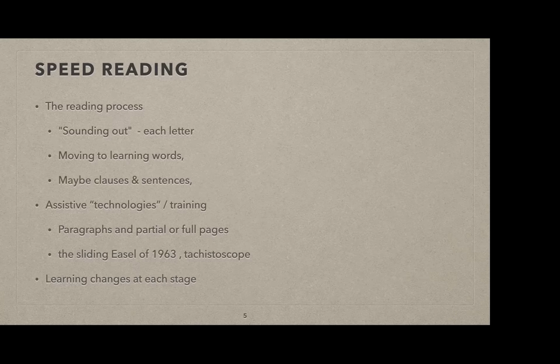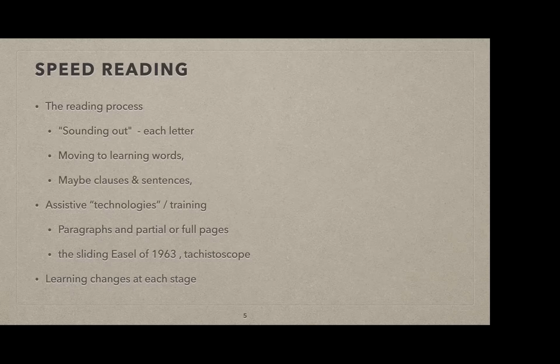It can be adjusted to flash a single letter on the screen, then do a word as a series of flashes on the screen, and then go on to clauses and go on to sentences and go on to paragraphs and go on to partial or full page at one time. And that's probably a more efficient way to do it, but the learning changes at each stage. The assistive technology for it changes at each stage.